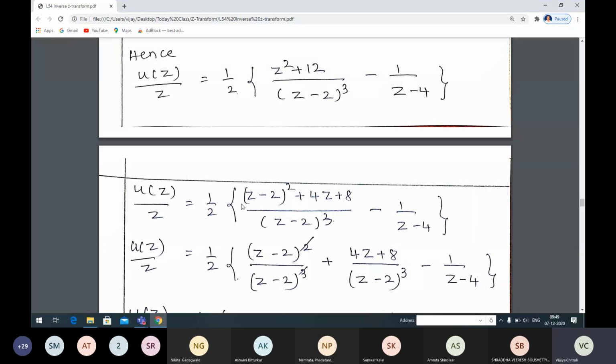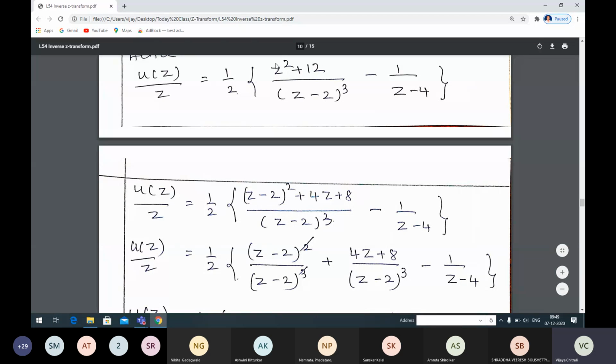How did we get this? Instead of this z, I want z − 2. So expand (z − 2) whole square: z² − 4z + 4. The z² term is there, and the 4 we get by splitting 12 as 4 plus 8. Only thing is we want −4z, so whatever we have taken, we have to give, because we need to balance the equation: −4z taken, give +4z.